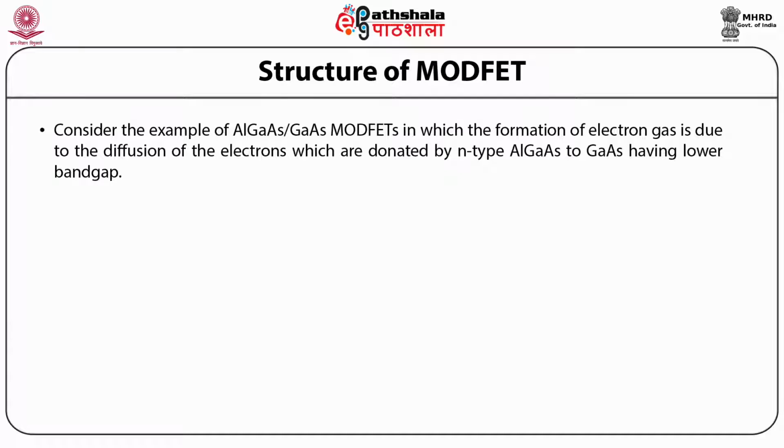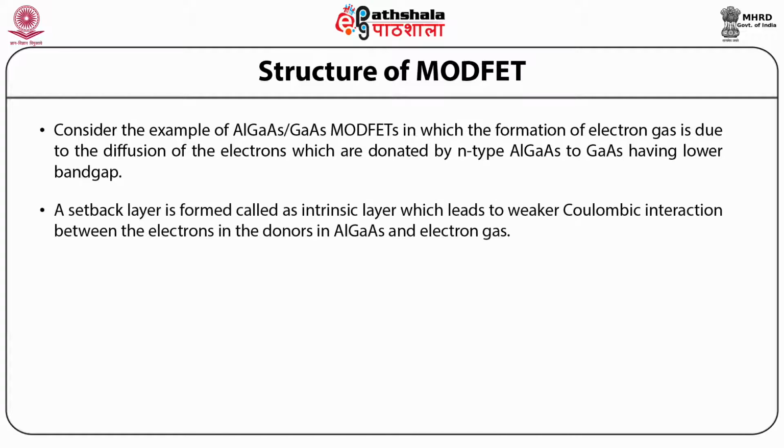Now the donors are set back away from the interface in order to increase the low temperature electron mobility. This further leads to a reduction in Coulombic interaction between the electrons in the electron gas and donors in aluminium gallium arsenide. This setback layer formed is referred to as the intrinsic layer.